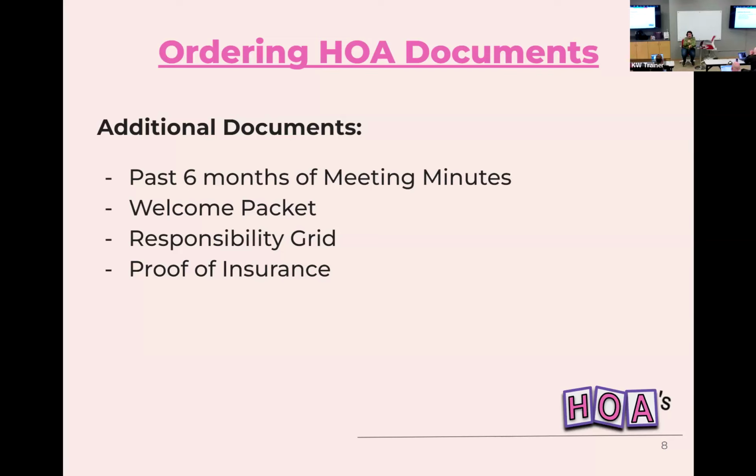In my HOA complex currently, I had bees in my front sconce by my address, and I am not responsible for that sconce. I'm responsible to tell them when the sconce needs to be painted and when the light bulb needs to be changed, but otherwise I should not touch said sconce. So I had to put in a work request to say, hi, I know I'm not supposed to touch the sconce, there's about 10 hornets in there, can you guys come do something about that?